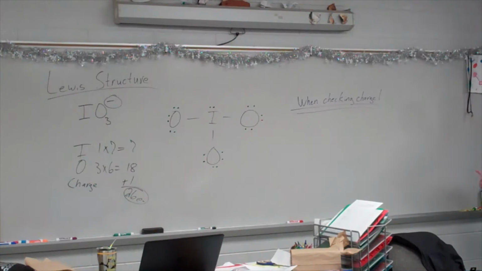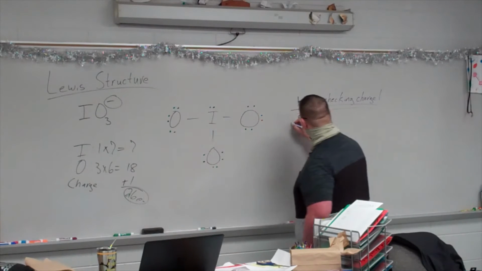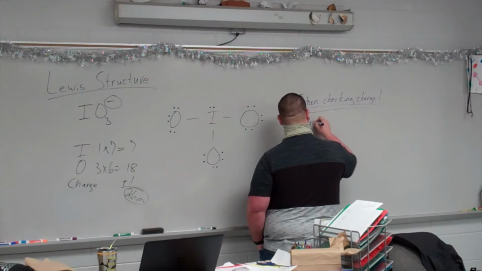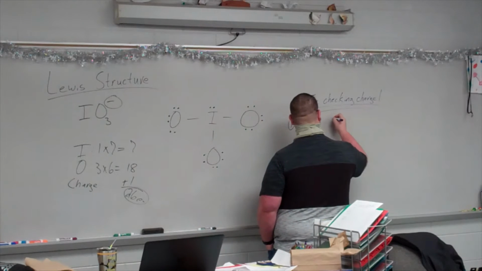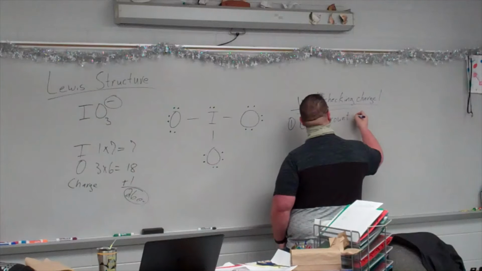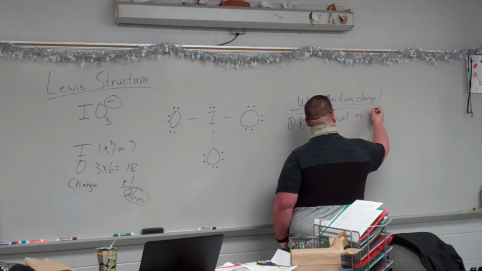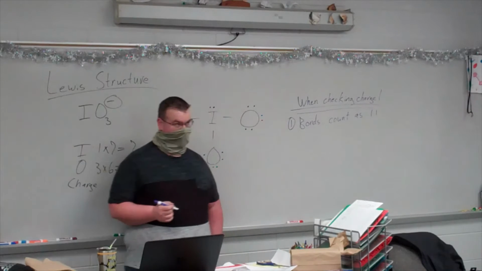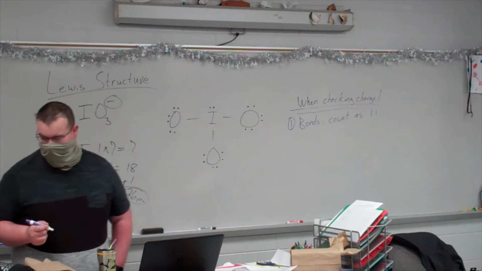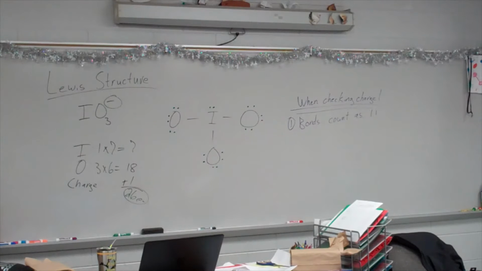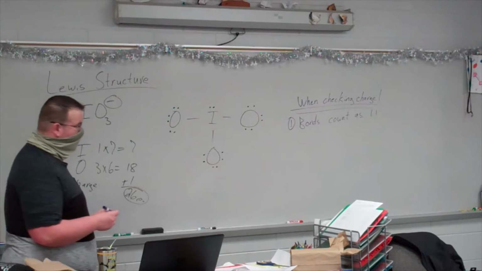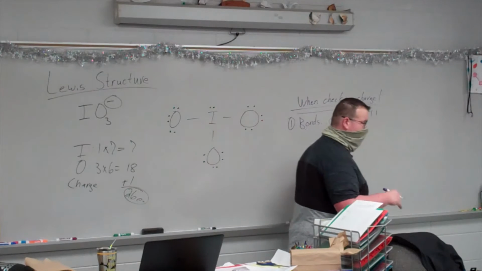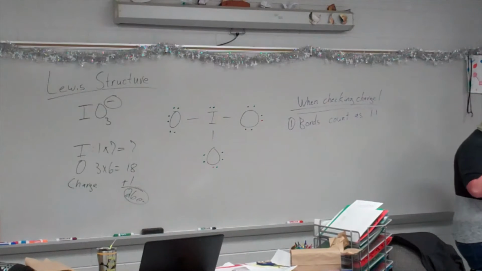First and foremost, bonds count as 1. I think you're doing a lot better when I tell you just count the bond as one, and I don't tell you to be a surgeon and stick the electrons out to the side. So just count the bonds as one.